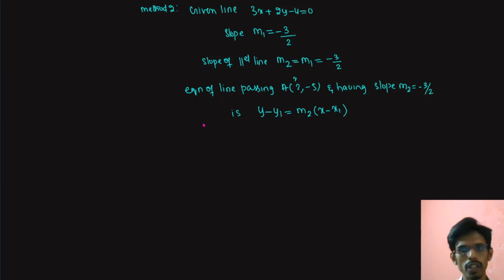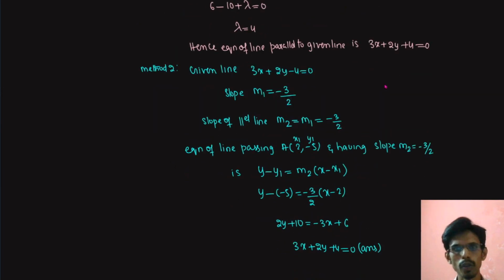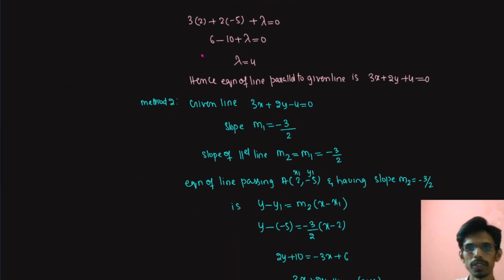So here take this as x1, this as y1. So y minus of minus 5, the slope into x minus x1, which is 2. Now cross multiply this, I will get 2y plus 2 5s are 10, equals minus 3x plus 6. Rearrange this, we will get 3x plus 2y plus 4 equals 0. So this is the other way of solving the same question. We got the same answer for the first question.